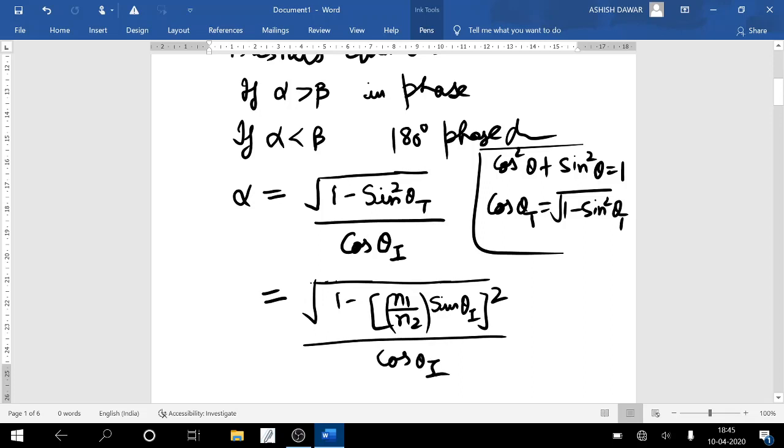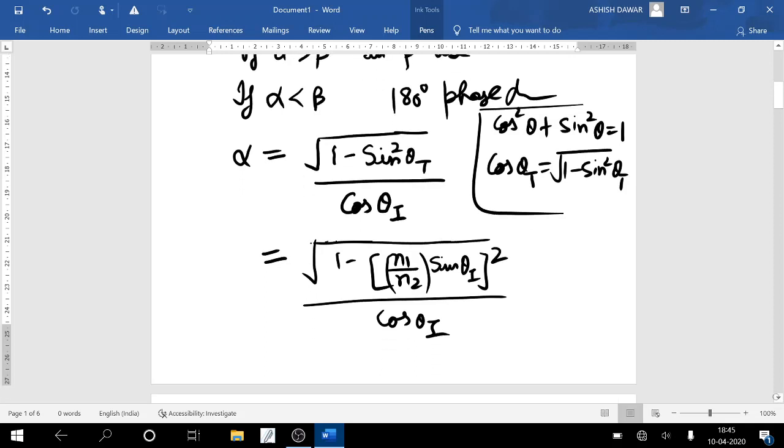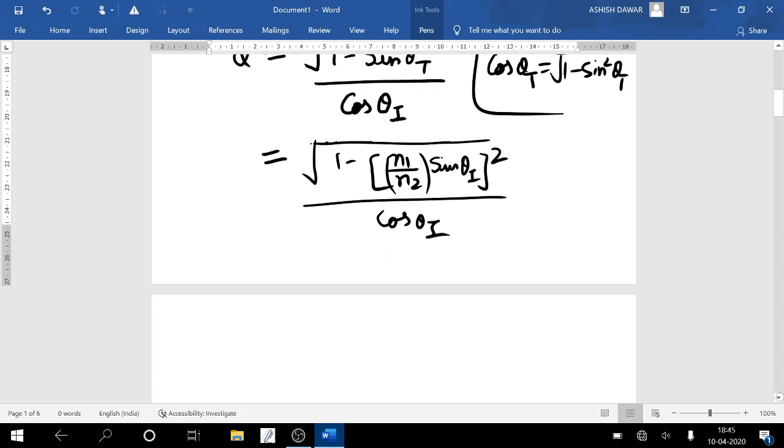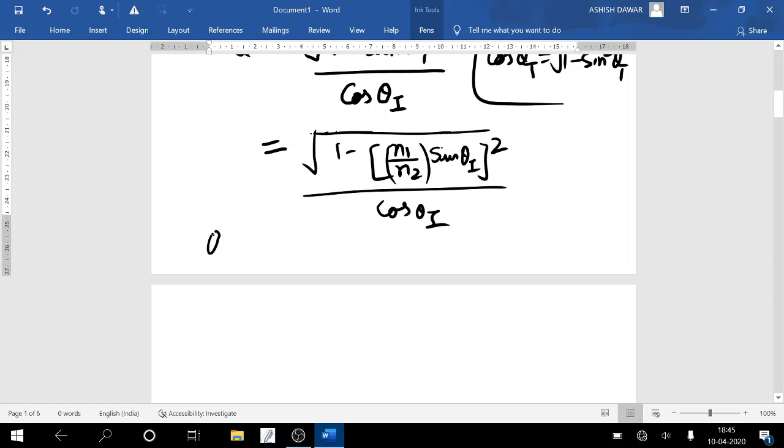In the case of normal incidence, we have theta i equal to 0.